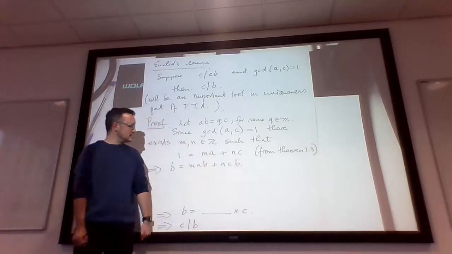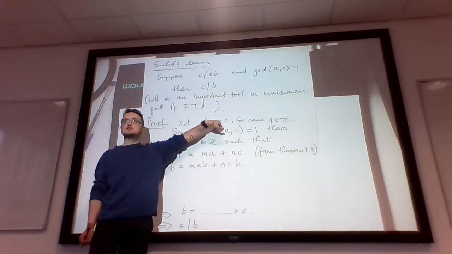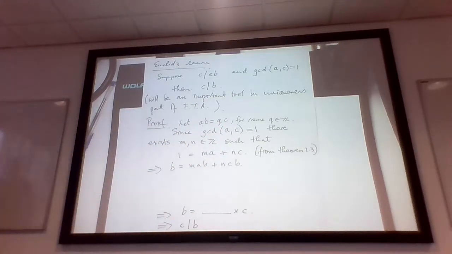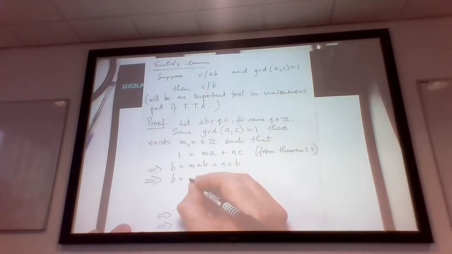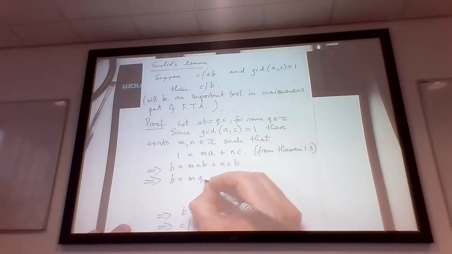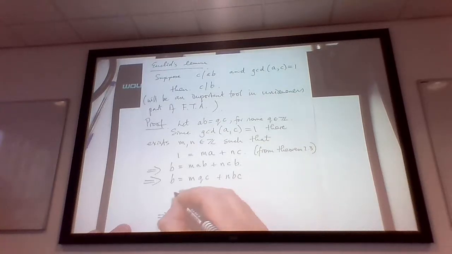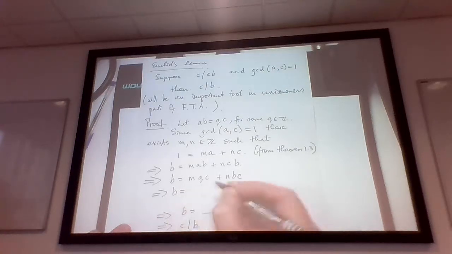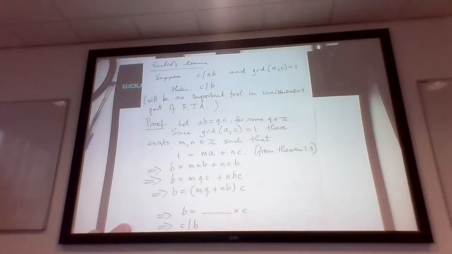We can see a C here, and an A times B here, and we know that A times B is a multiple of C. So by substitution from above, B is equal to mQC plus nBC. Just reorganize that: B is equal to (mQ plus nB) times C. So that's our integer that does the job.